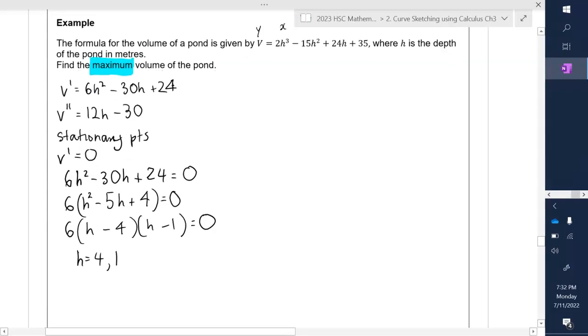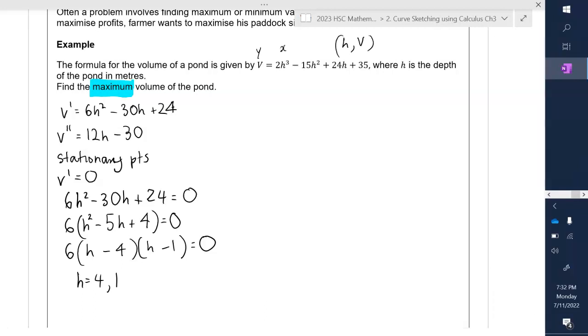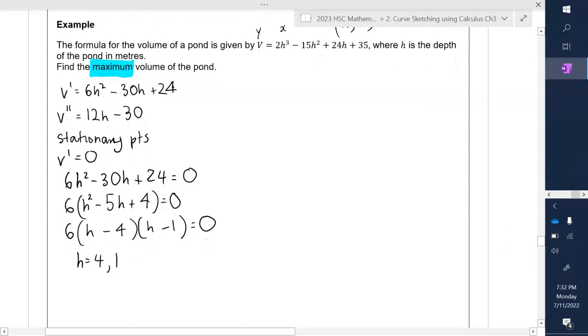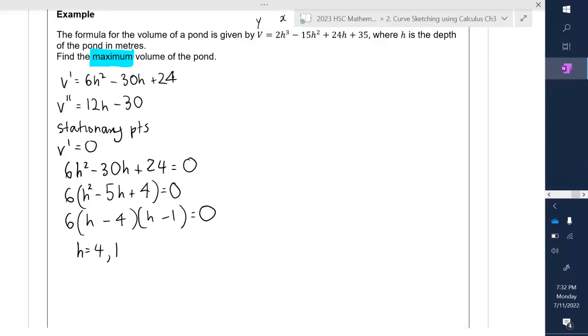Okay, so our variables are going to take the form of h and v. So I need to find the volume that goes with that height, or that depth of the pond. And these are in meters. Okay, so we're going to have a h of 4 meters. A pond depth of 4 meters and a pond depth of 1 meter.